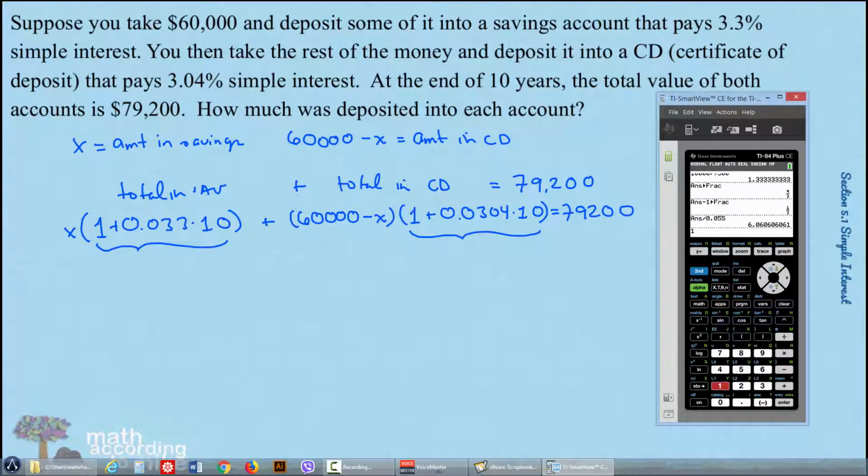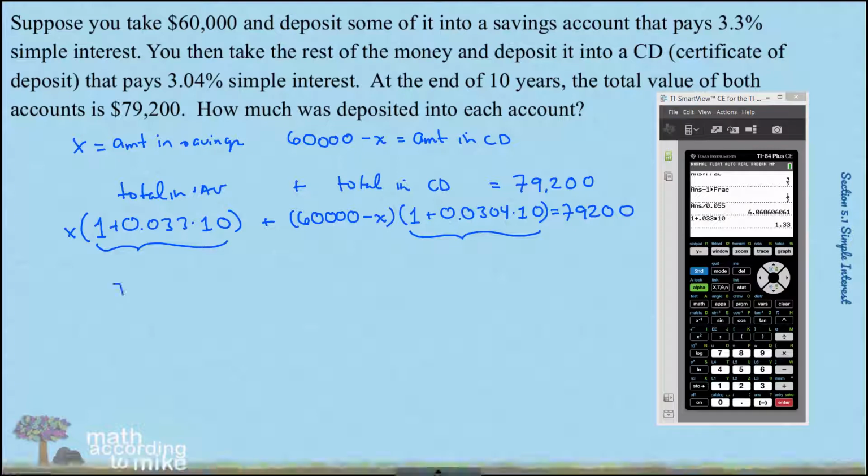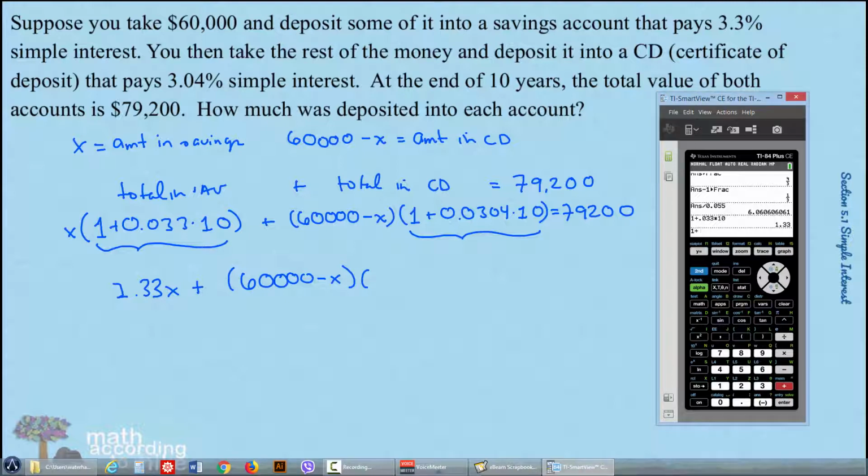So if we clean up these decimals, actually I don't even need a calculator for this, but that's okay. We get 1.33 times X plus 60,000 minus X times 1.304, but I'll just check. I hit two zeros, I'm so sorry.